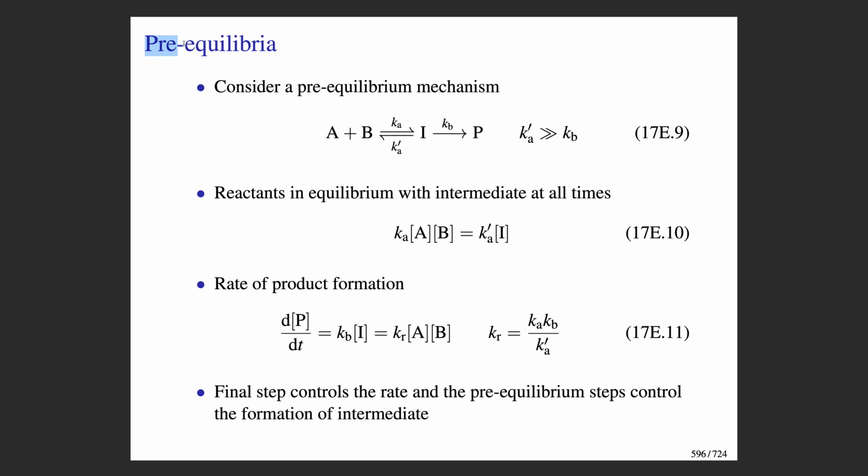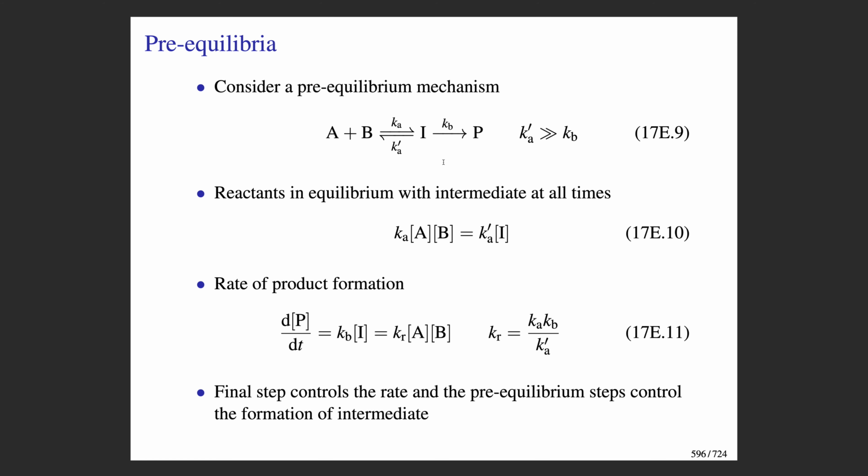And what we mean by a pre-equilibrium is that the backward step is going to be a lot faster than the step that takes you to the products. So what happens is you very quickly establish an equilibrium between the reactants and this intermediate. So an equilibrium is established there, and then every once in a while, a product is going to form. So this is the slow step.